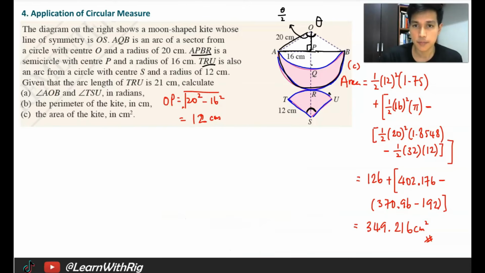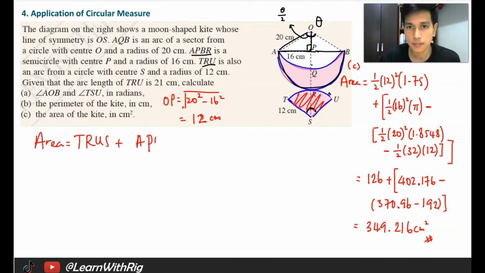Okay, so basically what is happening is you're going to find this area, which is this part, area of the TRUS, okay, plus area of the semicircle. Semicircle is APBR, okay, minus, you want to find the segment.